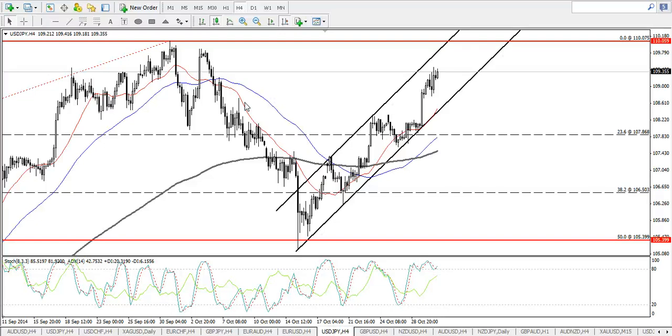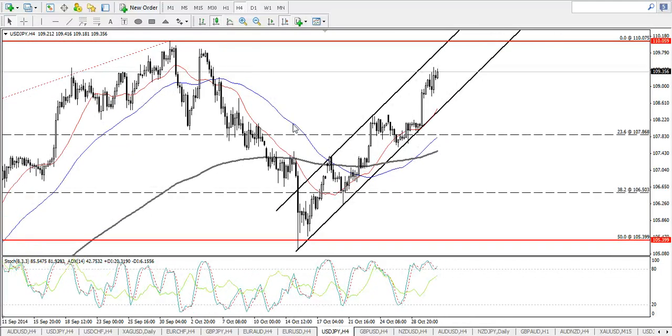The dollar has more or less regained its strength and is about to move back to its major trend. So when we talk about the dollar against the yen, we do expect price to break above the previous high of 110 and even further.